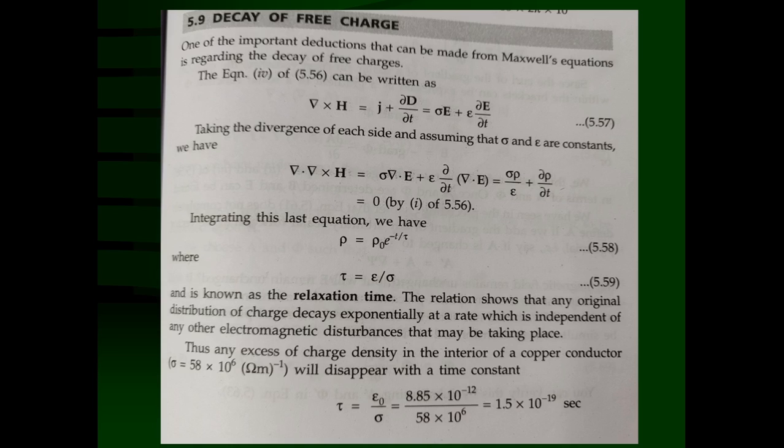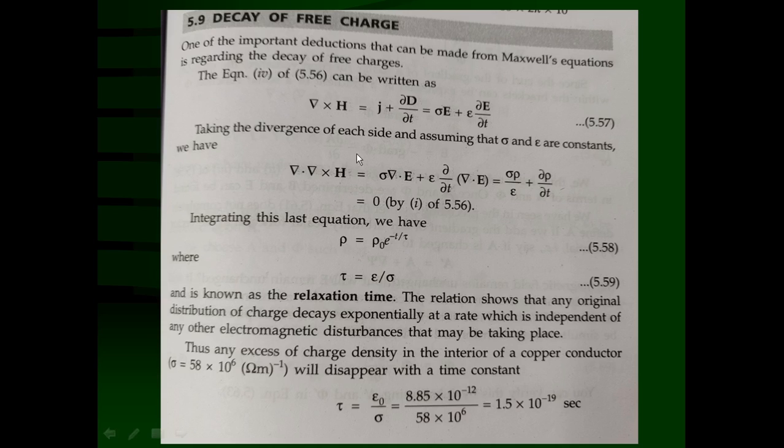We will be utilizing equation number 4, the modified Ampere's law: curl of H is equal to J plus del D upon del t. J is the conduction current density and del D upon del t is the displacement current density. This term was introduced by Maxwell.